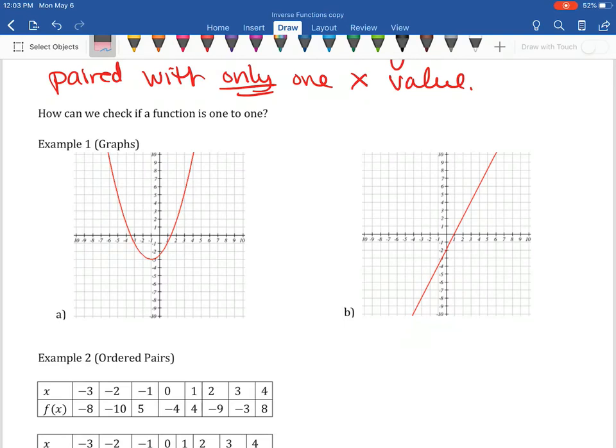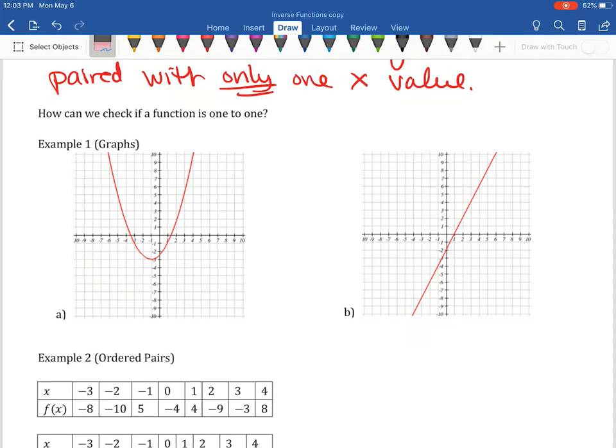And if I draw random vertical lines through the graph, it passes the vertical line test so that I know that this is definitely a function. And if I scan that graph, I notice that every value of x only has one value of y. However, it is not a one-to-one function because each y value isn't necessarily matched with only one x value.